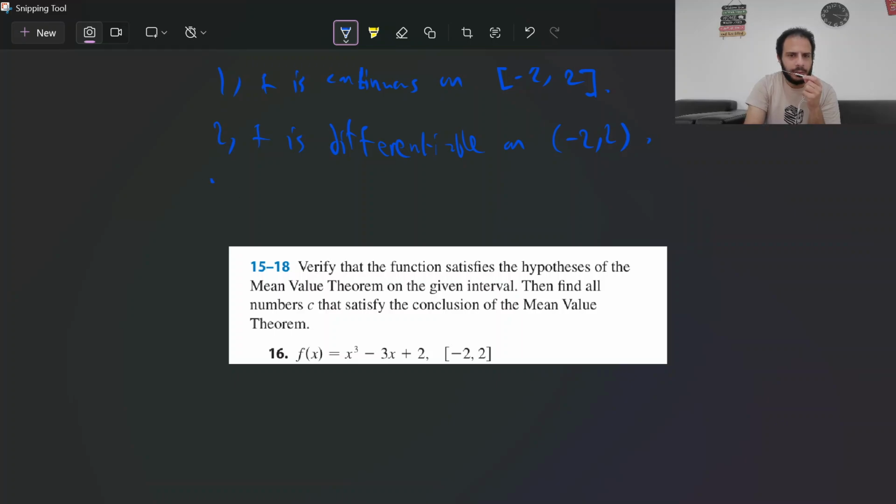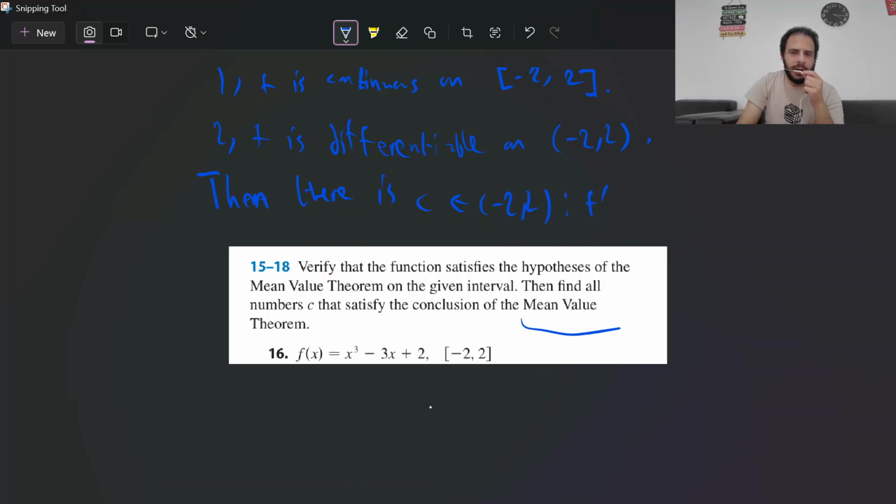No 3 here, because it's the mean value theorem, right? Then what's the conclusion of the mean value theorem? There is c in the open interval minus 2 to 2. Why do we take the open interval here? Because it's about the derivative, right? So it must be in the open interval.